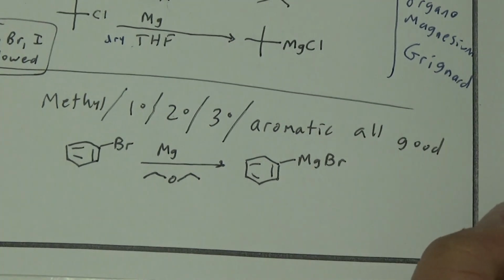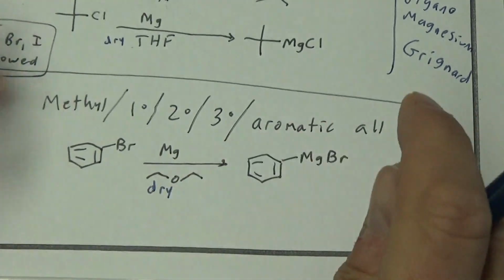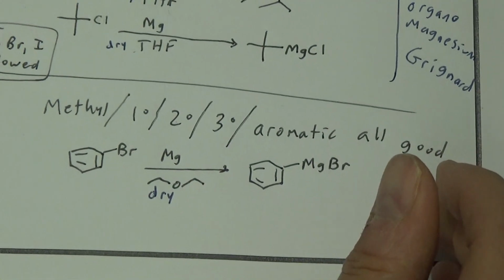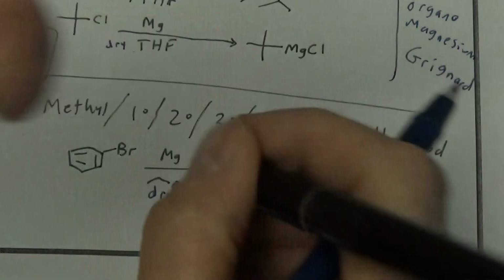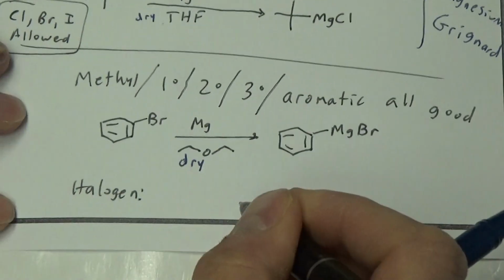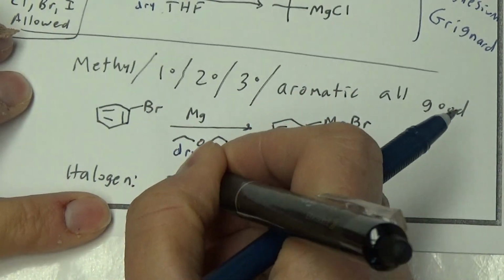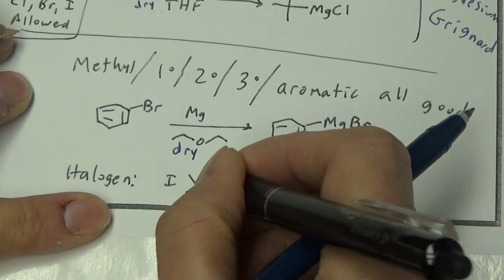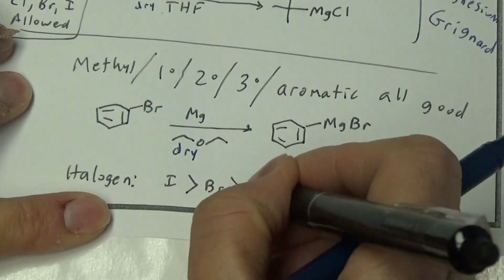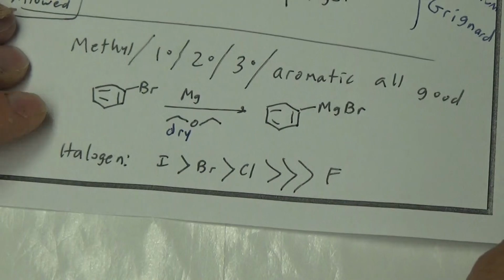Okay, totally works. It is always dry, but that's not a detail we always say. In terms of the halogen, what are the best and worst halogens? Iodide is the best, then bromine, then chlorine, and then fluorine is basically not good at all.